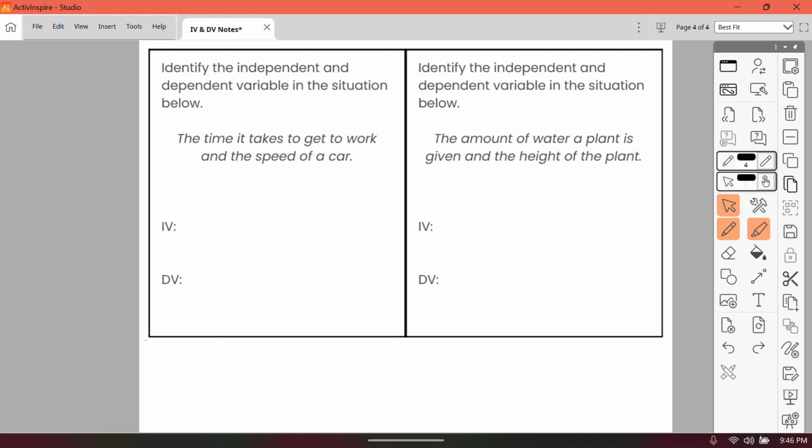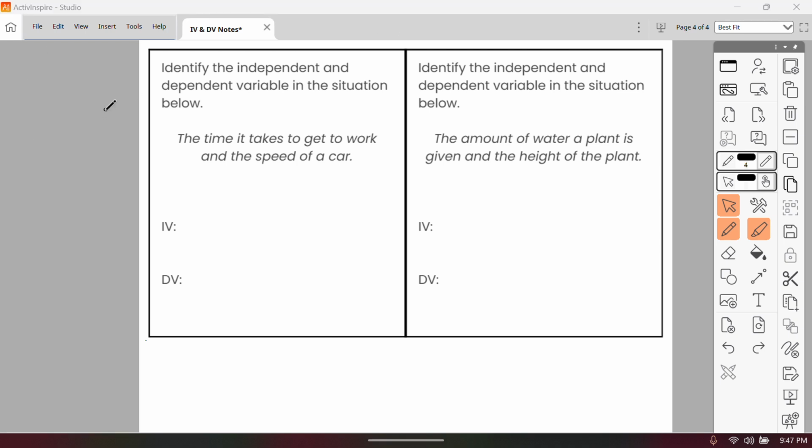speed of a car. So let's think about it from an experiment perspective. Let's say that the experiment is how fast I'm driving to work and how long it takes me to do that. What is the thing that I am manipulating?